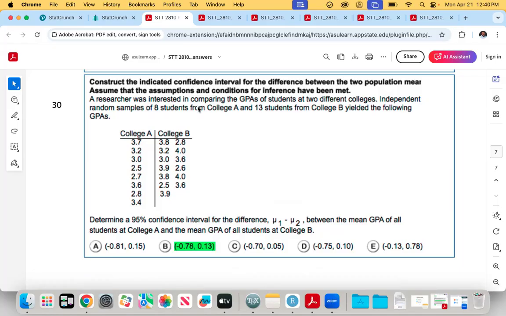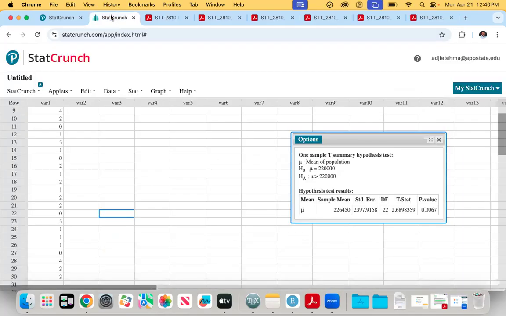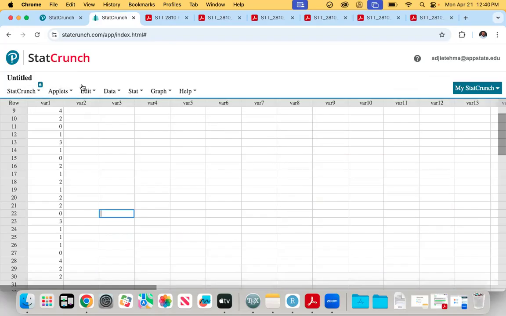So let's try to input this information here in StatCrunch. So here I want to label them college A. And then here is college B.